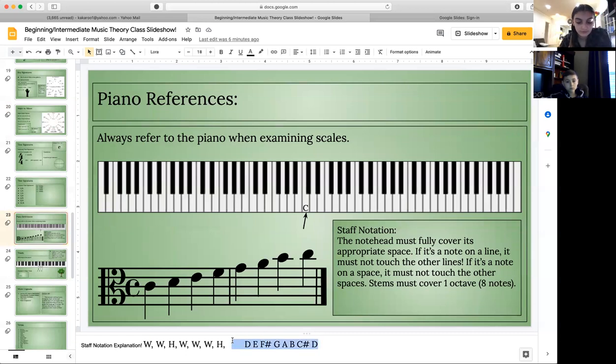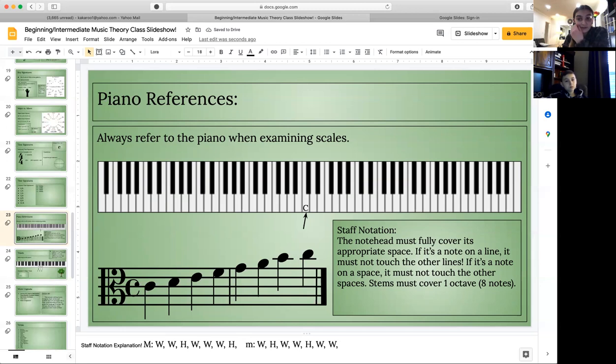so this is our minor. This is our major. All right, and another thing in music theory.